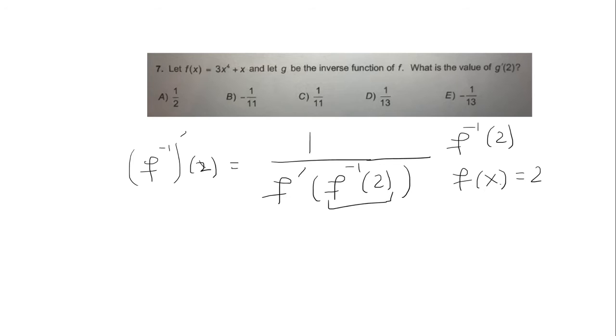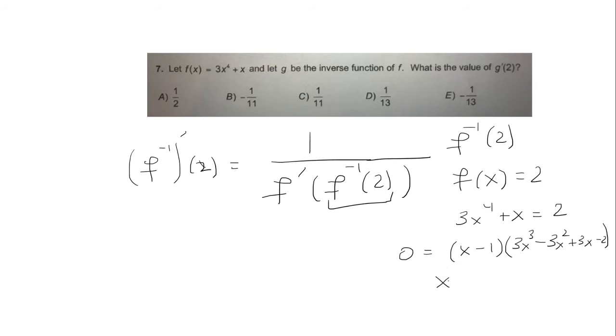Unlike last problem, I don't have that information, so I need to come up with it. I know that f of x is 3x to the 4th plus x, and so we're going to set that equal to 2. So we're going to bring the 2 over and factor, so we do end up having x minus 1 times 3x cubed minus 3x squared plus 3x minus 2, and that's going to equal 0.